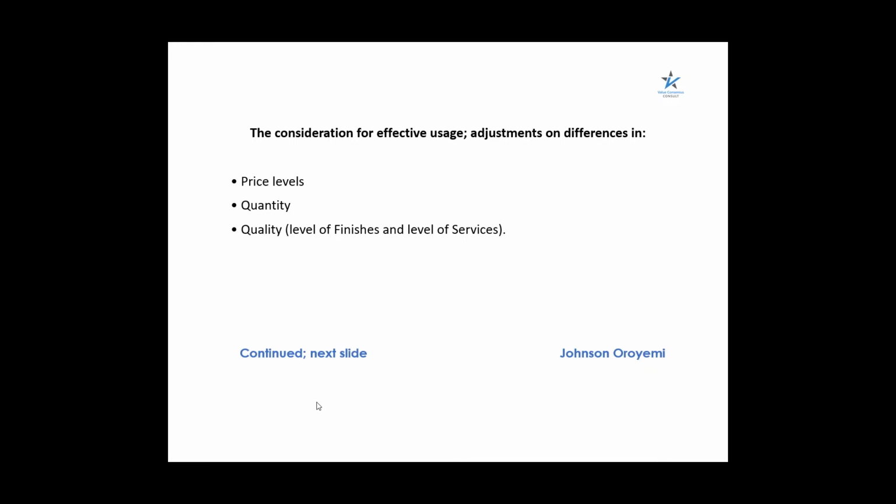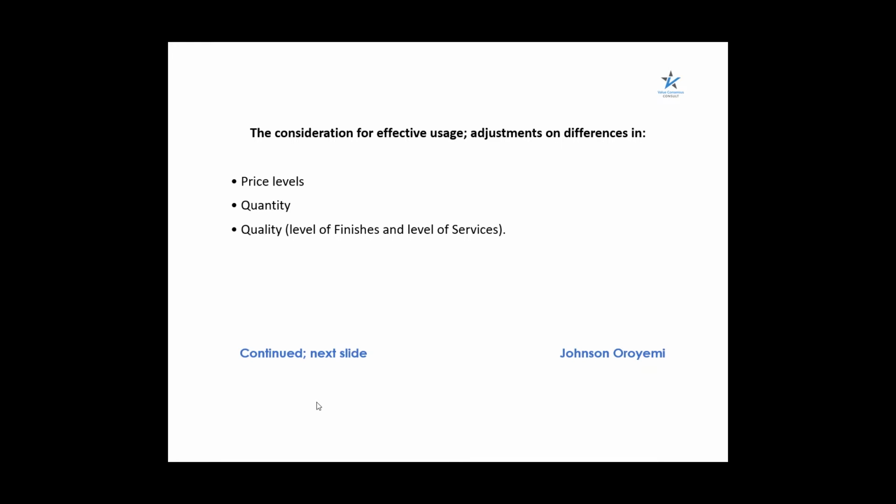There might have been an increase or decrease in the cost of those materials at the point in time where we are carrying out cost planning for a new project. So there's a need for adjustments on difference in price level.